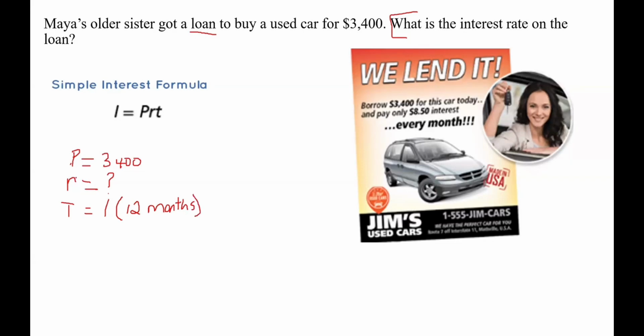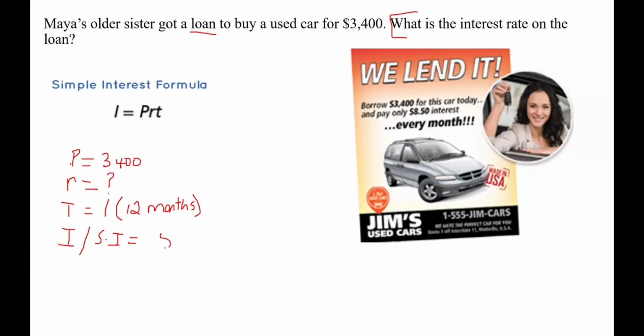So we know the time, we know the principal. Now we need to know I, which is the interest. Whether you see I or SI, which is simple interest, both of them are the same. On the flyer, it said that she paid $8.50 in interest every month.